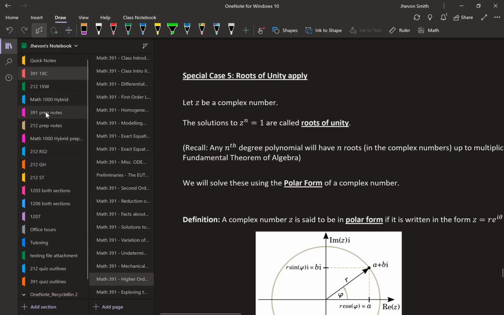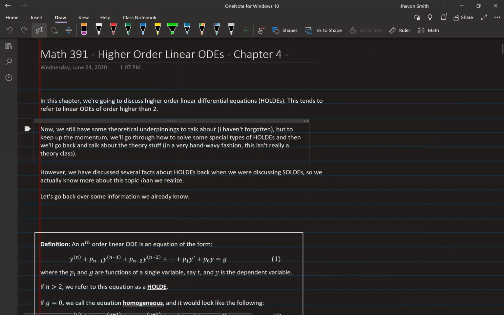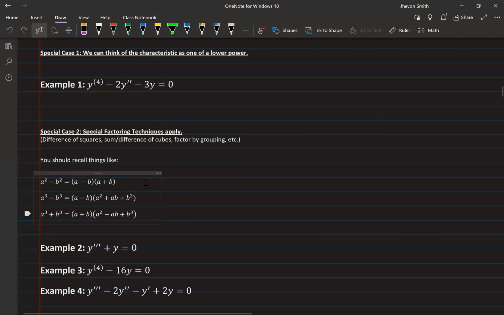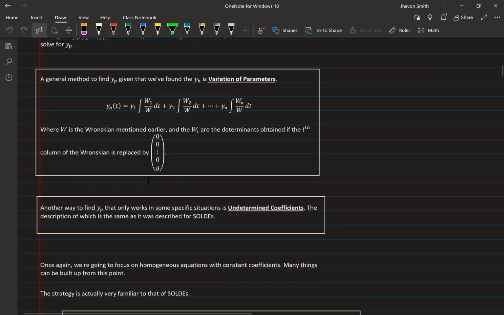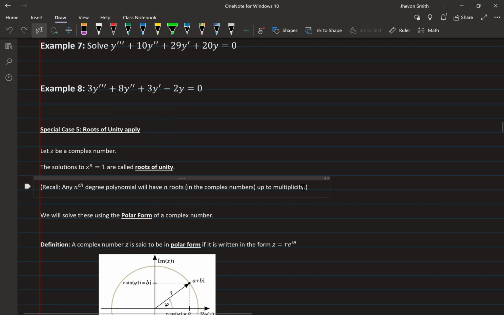Now, hold on. Let me put that in. This is what's called the fundamental theorem of algebra, right?